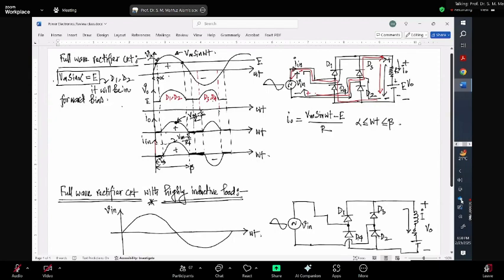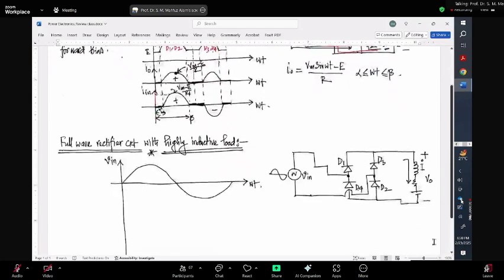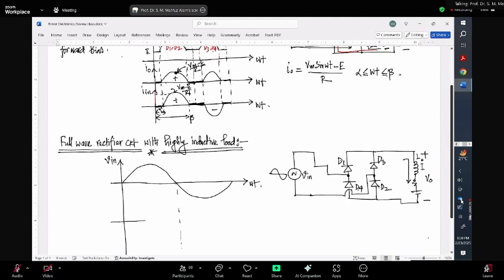So when there is a voltage, there will be a current through this resistor. But for inductive load, it can store energy. And if the inductance value is high, then the inductance here will make sure that the current through it becomes continuous. So what will happen then? If I want to get the output voltage here, omega t, V naught, what will happen here?